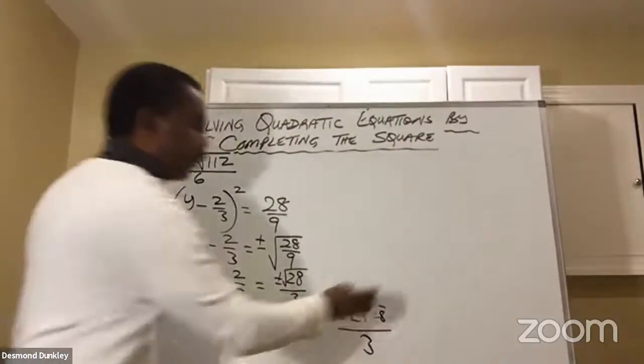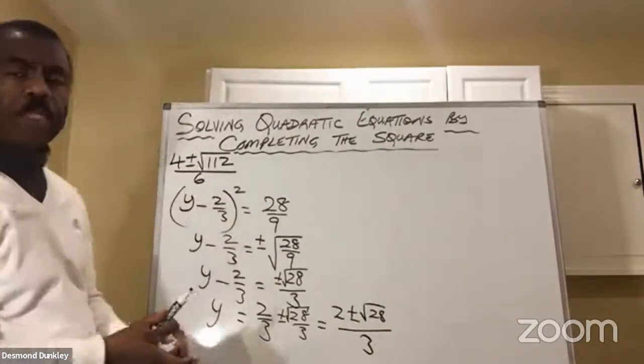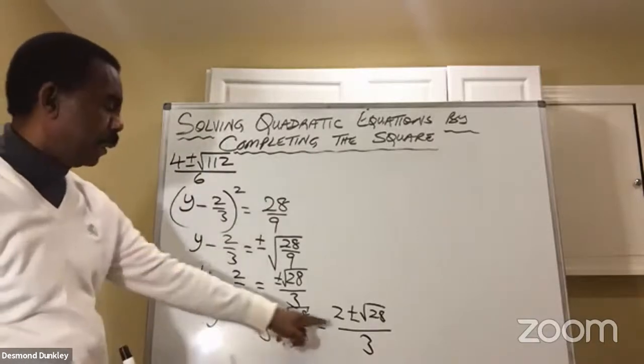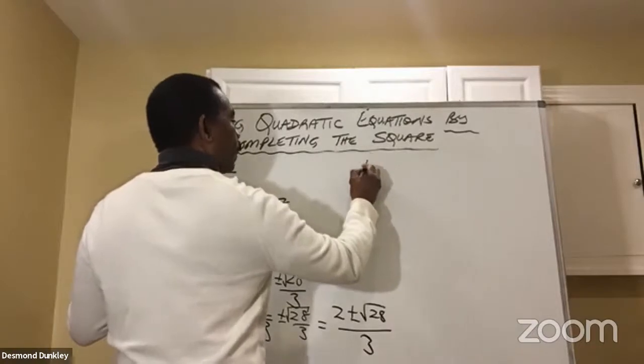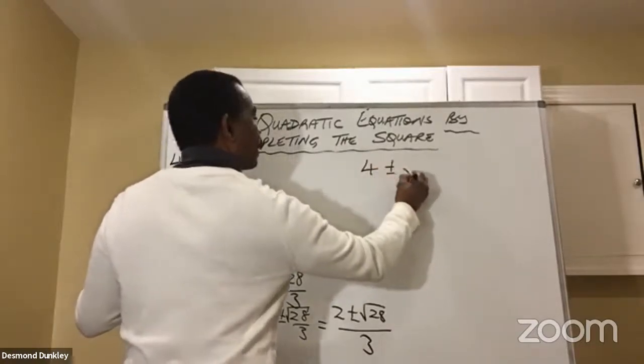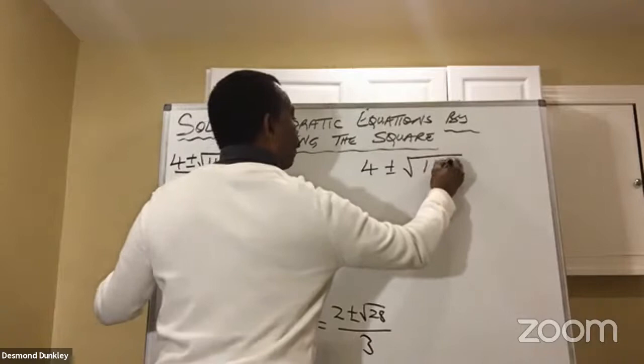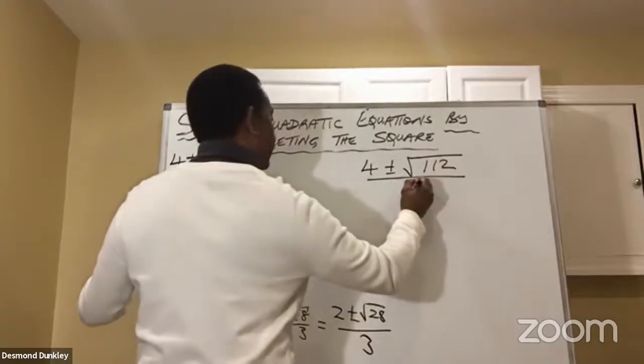What am I going to do? I'm going to take this and show you that it reduces to this. So we have 4 plus or minus the square root of 112 over 6.